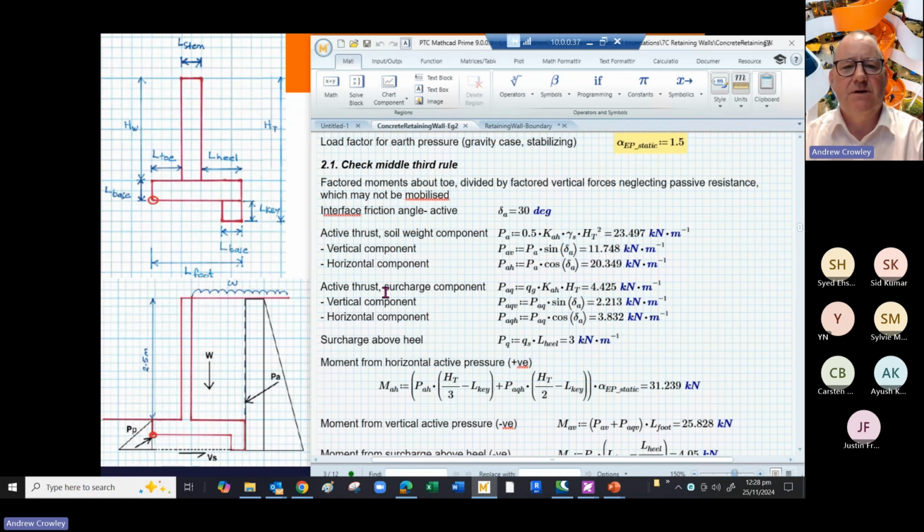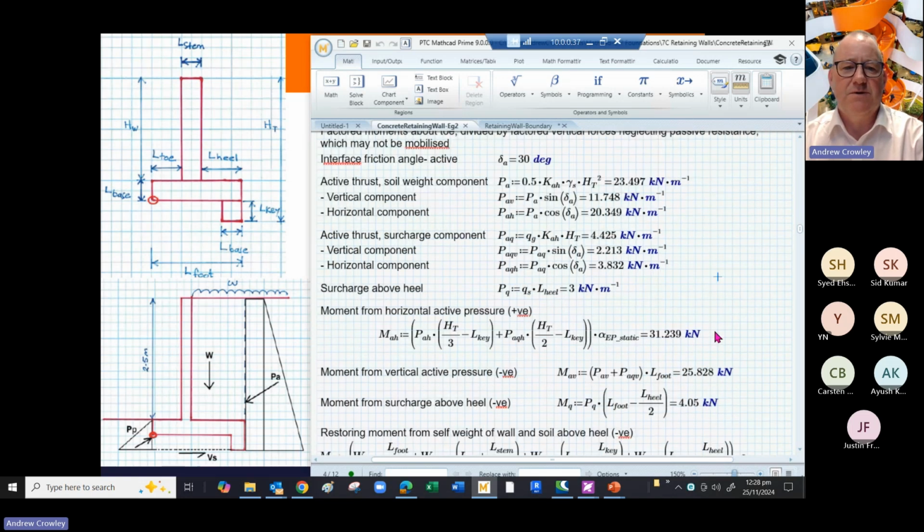Let's look at the result of the surcharge. The surcharge is on the top of the retaining wall, and again, that effectively is at an angle. So we have a vertical component because of that angle of 2.2 and a horizontal component of 3.8. We can also allow for a surcharge above the heel.